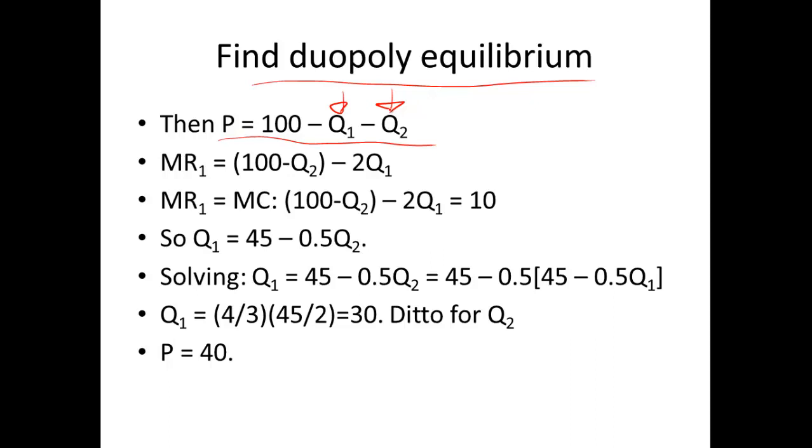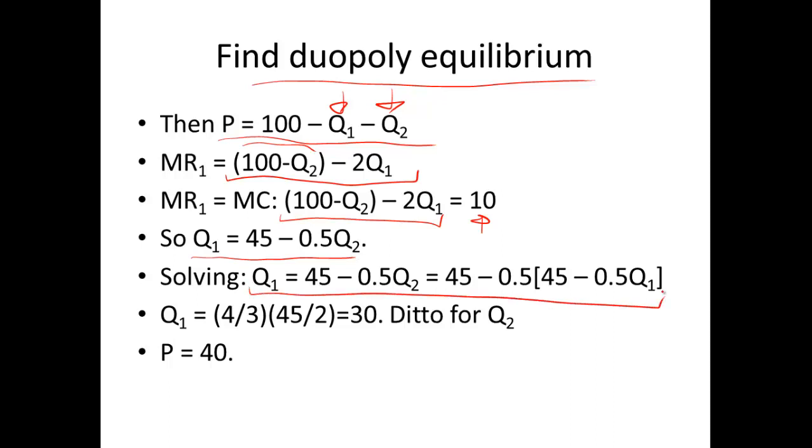The marginal revenue curve for firm 1 we can write in this way, where this first chunk here is the intercept, and then here's the bisecting business, so we have minus 2 times Q1. Setting MR1 equal to MC just means setting this equal in this case to 10, because MC is still 10 in this problem. And that finally gets us to this expression for firm 1's reaction curve. If we plug firm 2's reaction curve into firm 1's reaction curve, we end up with an expression just involving Q1.